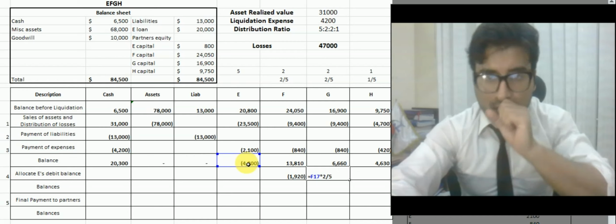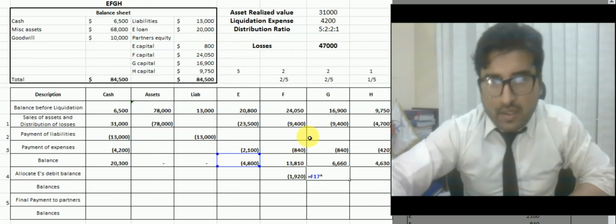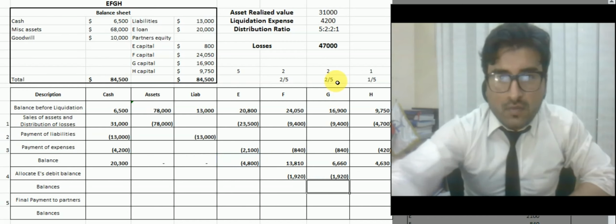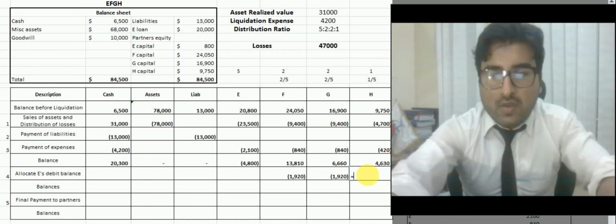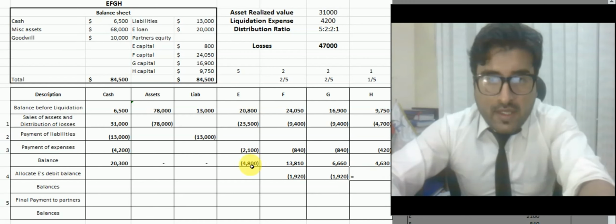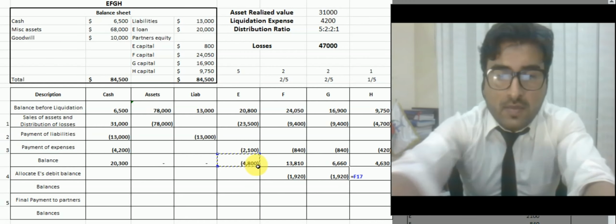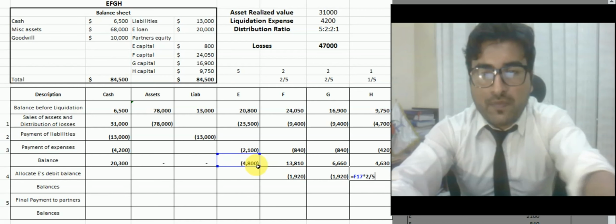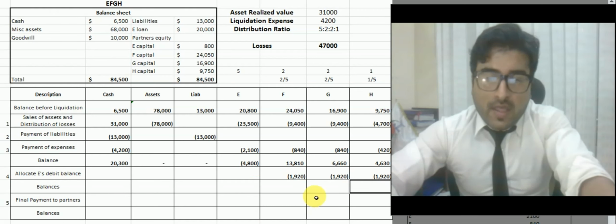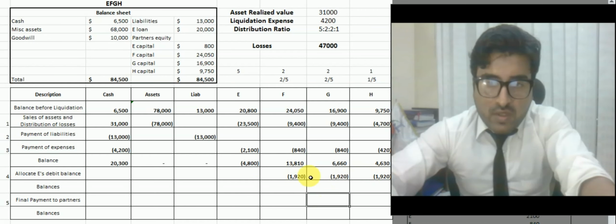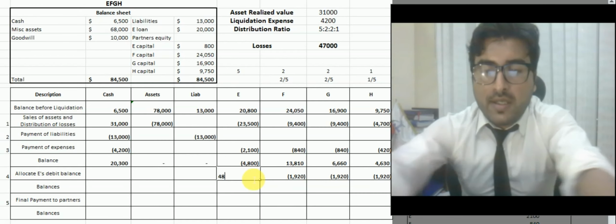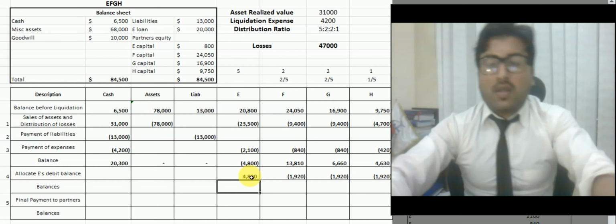Okay, you can also click here 2 over 5, and then again equal sign and then 4800 multiply this with 2 over 5. So easy. So we have subtracted from this by the rate of 2 over 5, 2 over 5, 1 over 5, and added 4800 here. Okay, wow, it's clear now.